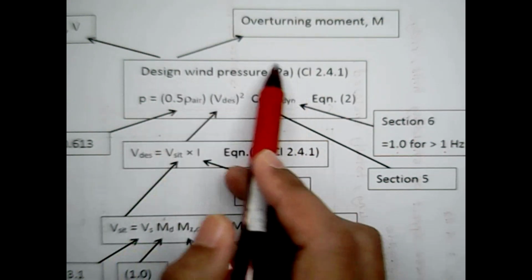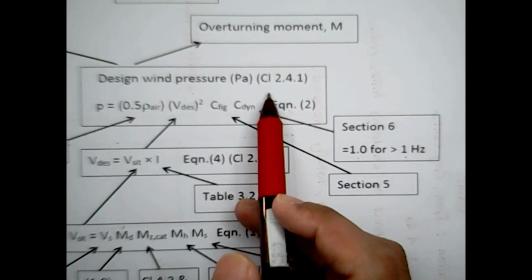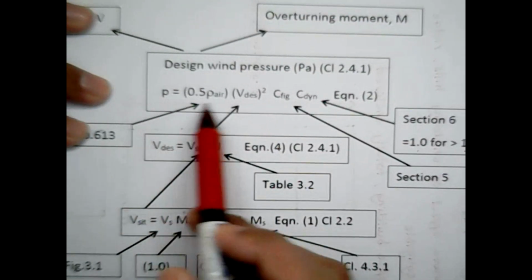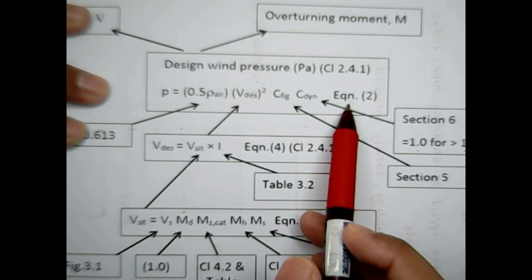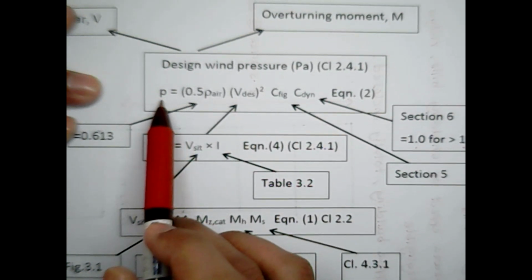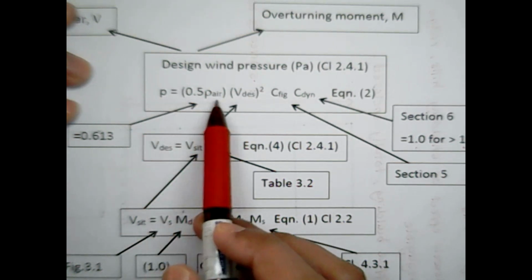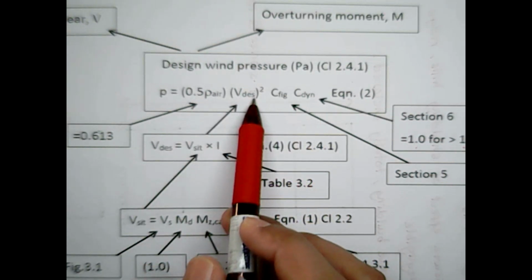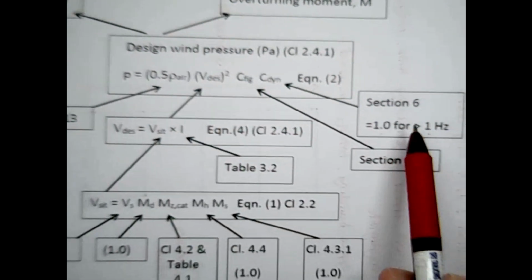So the design wind pressure is given in clause 2.4.1 and from equation 2. So if you can see here, for you to calculate the design wind pressure, you must know all these parameters, where all these parameters are given in these clauses.